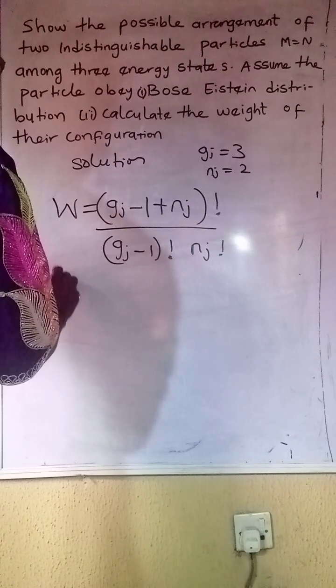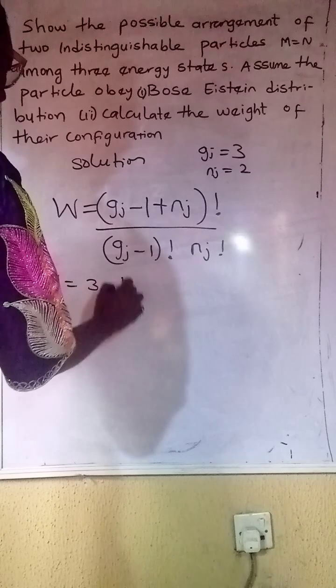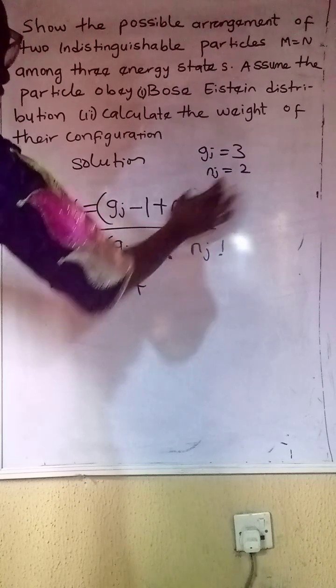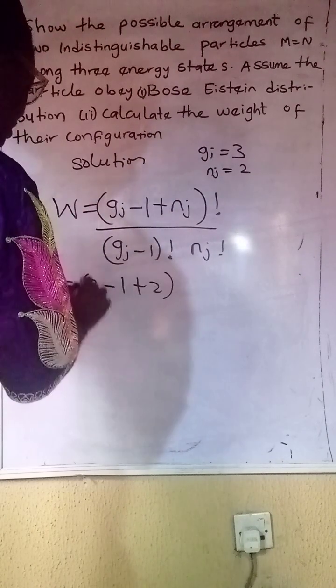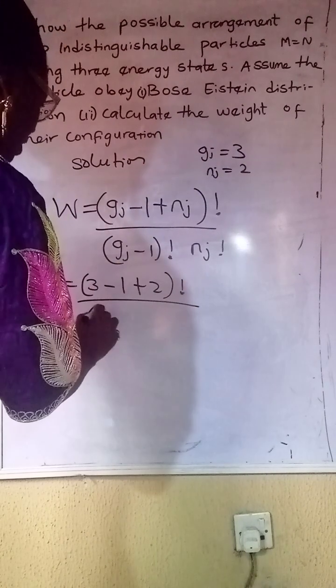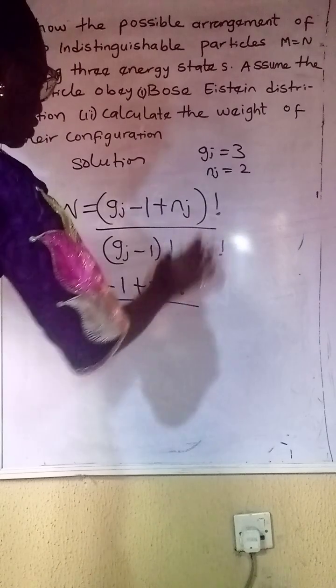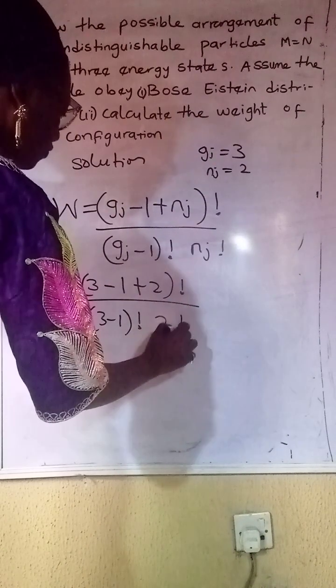So we have W is equal to, GJ is 3, minus 1 plus NJ which is 2, close the bracket, factorial all over GJ is 3, so we have 3 minus 1 factorial. NJ is 2, so we have 2 factorial.